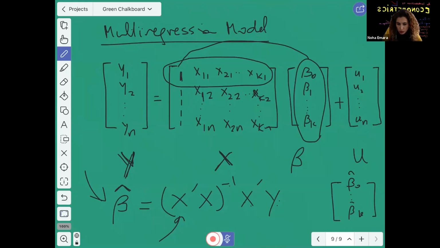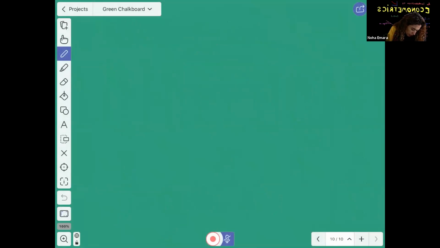So the good news is you don't have to estimate this by hand. You just give the command regress to Stata, and Stata would estimate the model for you. So for example, let's say I have a variable called test score, and I have the number of students per teacher, and you want to estimate this model.